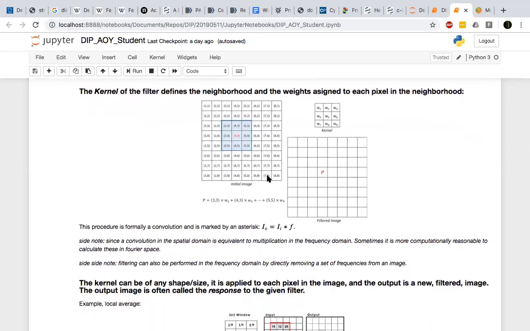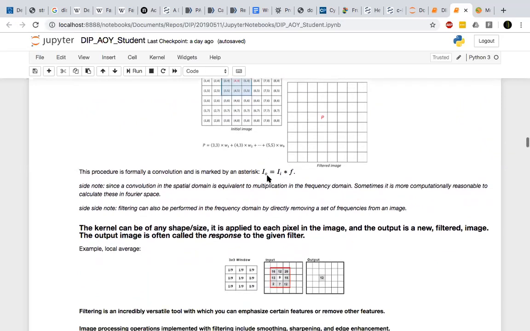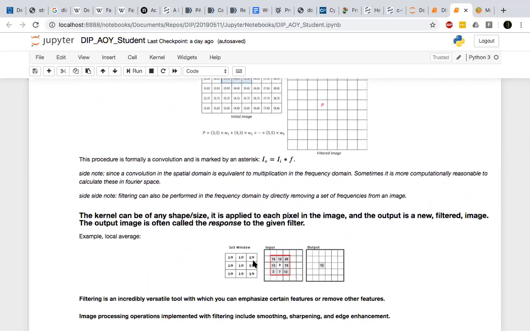Okay, so this is the idea. So you see how here I take this window out of an image, or sorry, this filter, I take this window out of an image, and just this calculation will give me a different number here, and that's the number I'm going to get. This specific filter, you have an idea of what it does. So can you see the numbers? It's 1/9 over all of them, and this is a 3 by 3 filter.